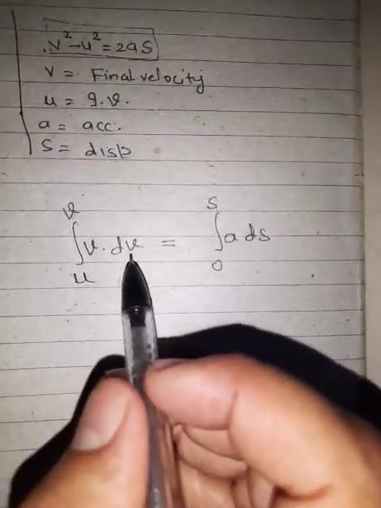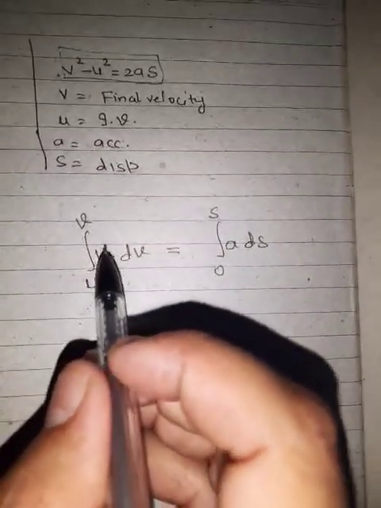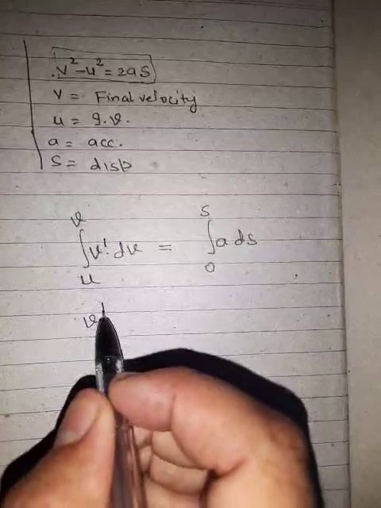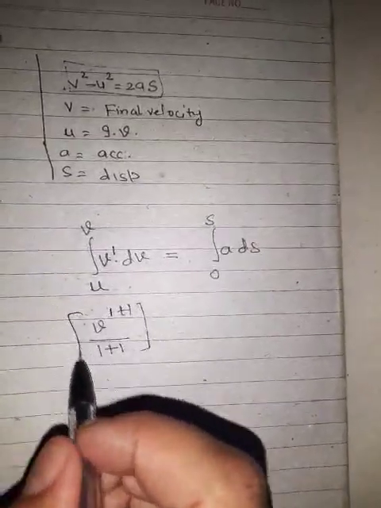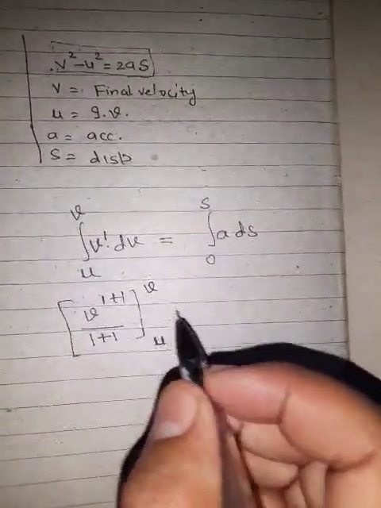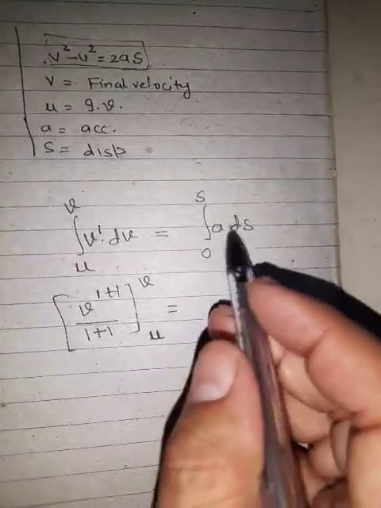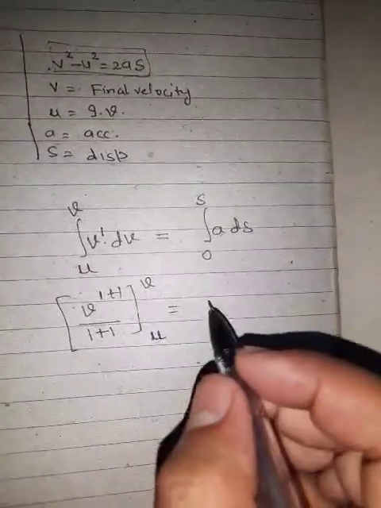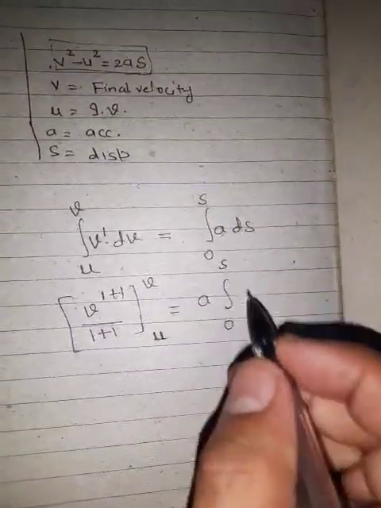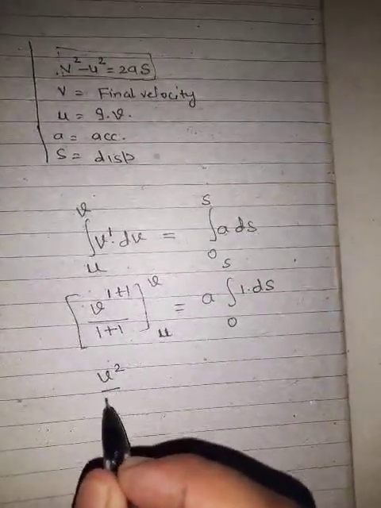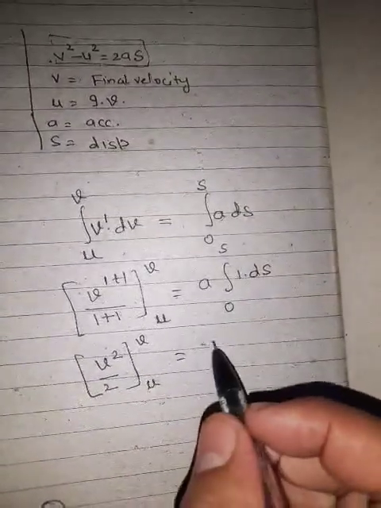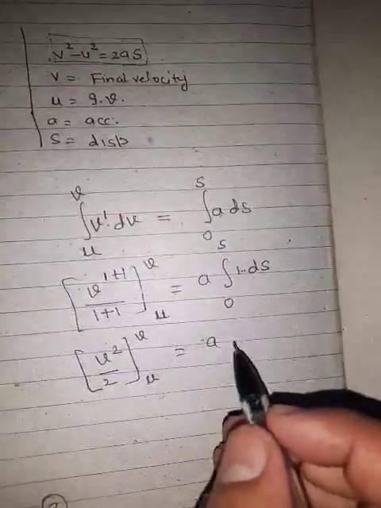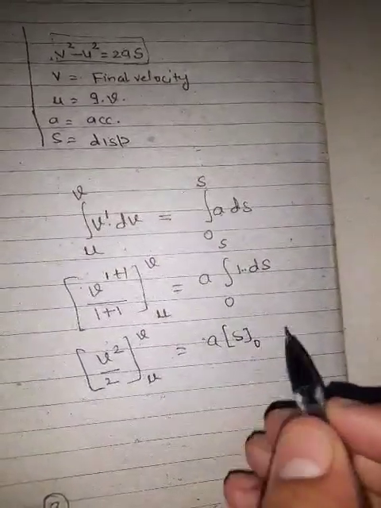Now integrate it: v is the variable with power 1, so add 1 to the power and divide by the same power. Then apply the limits, u to v. Similarly s is the variable and a is constant, so take it out, and the integral of 1 ds is s, with limits 0 to s. So v square by 2 from u to v is equal to a times s.